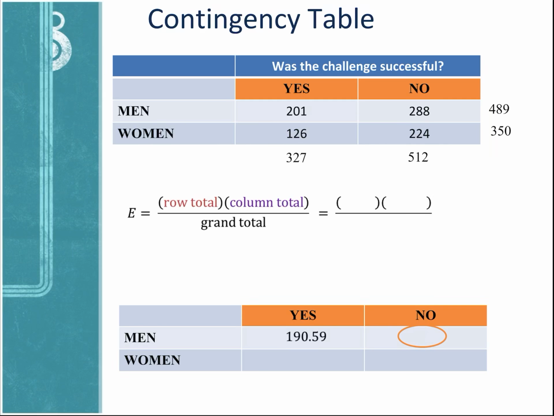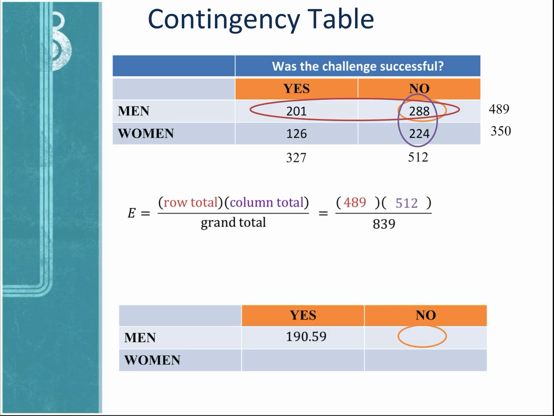Okay, let's do the rest of them. Let's move to the men in the no column. So up on our contingency table, that's the cell that has 288. We need to do row total times column total for row 1, column 2. Row 1's total is 489, just like the first one.